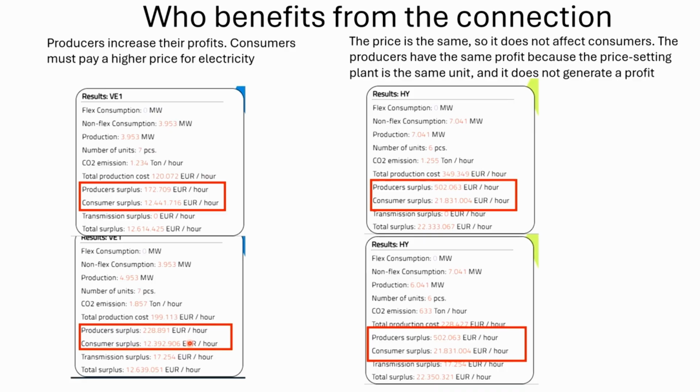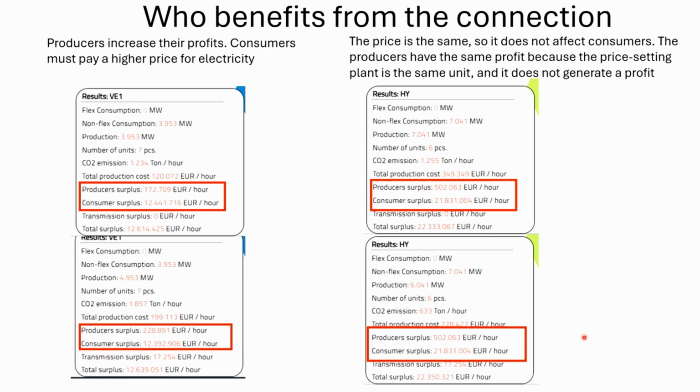And this is due to the fact that there is a higher price in V1, so the producers will sell their production at a higher price. This will mean that they will increase their surplus, and when the consumers have to buy at a higher price, their surplus will reduce.